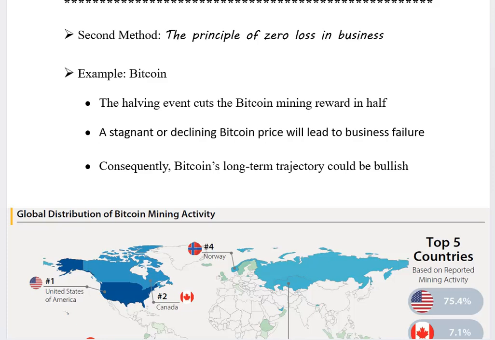Some people believe that with the rewards frequently being cut in half, the price of Bitcoin must rise in the long term so that miners do not face losses and can achieve the profit they seek. This is the core idea of this method, which I explained using Bitcoin as an example.